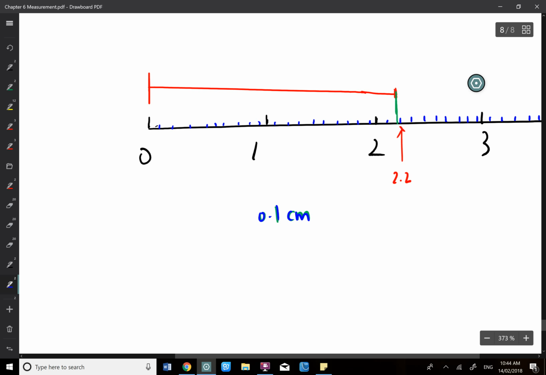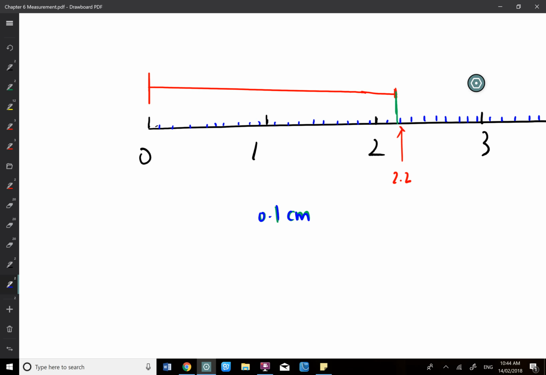What you can't read will be 0.5 to the left and 0.5 to the right of the smallest unit. Say the object is about in the middle of 2.1 and 2.2, you will say maybe that's 2.1 or maybe that's 2.2. Or if it's a little bit over 2.2, you can still tell me that's 2.2.